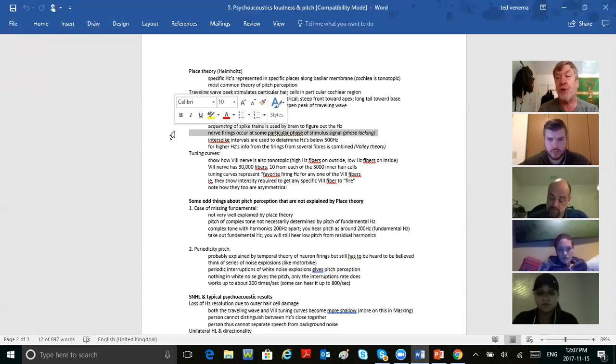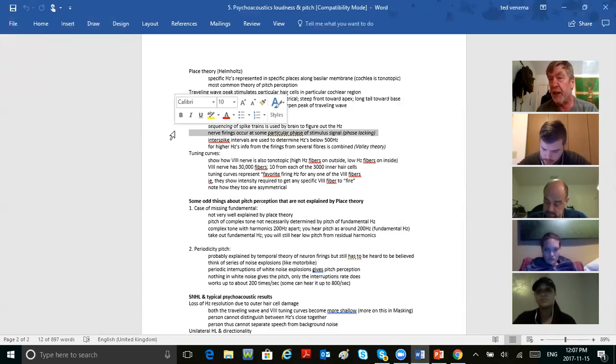If it hears a 125 hertz tone, it's going to fire 125 times. If it hears 1,000 hertz, it's going to fire 1,000 times. Oops, stop, Rutherford, because nerves can't fire more than about 500 times a second. Can't. It's impossible. So how do we detect the pitch of 2,000 hertz?